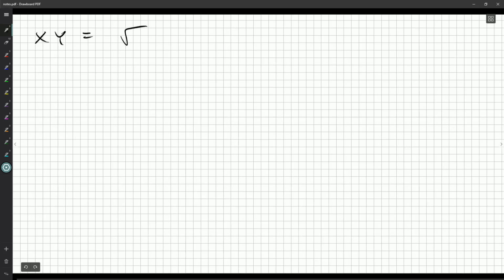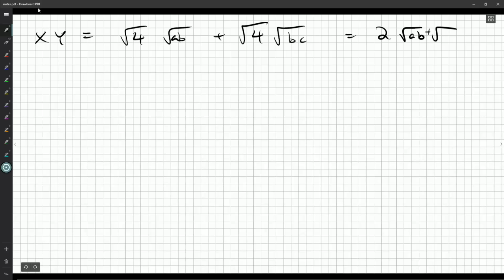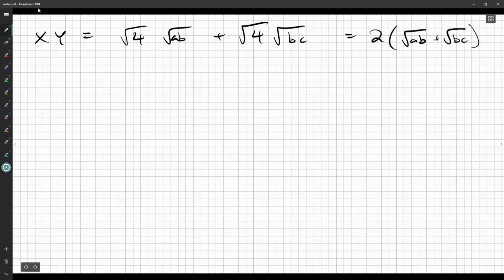So XY is the square root of 4 times the square root of AB, plus the square root of 4 times the square root of BC, which is just going to be 2. So 2 root AB plus, I didn't give enough space there, 2 root AB plus root BC. I don't know whether or not to factor out the root B like we did before. I'm not entirely convinced.